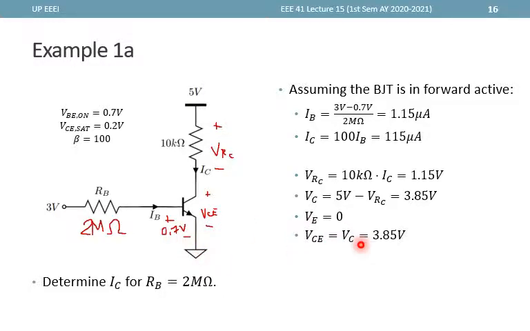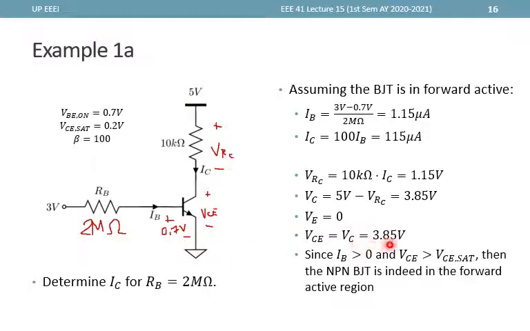So VC is 3.85, and since this VCE is greater than 0.2 volts and IB is greater than 0 as well as IC, then the NPN is indeed in the forward active region, and we can say that this is IC for this example.